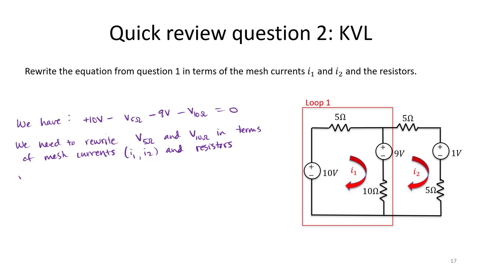Let's take a look at the voltage across our 5 ohm resistor. Well, we know that we have current I1 going through there. So do we know what this voltage is? Do we know what the voltage V 5 ohms is if we got a 5 ohm resistor with I1 current going through? Yeah, we got to use Ohm's law, right?